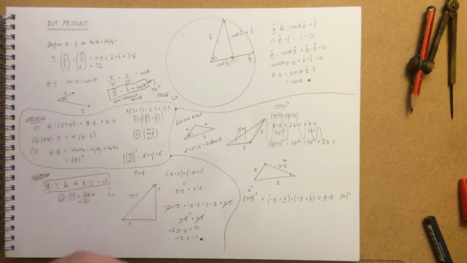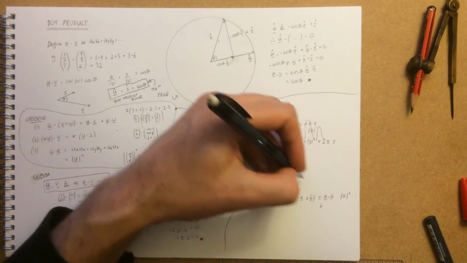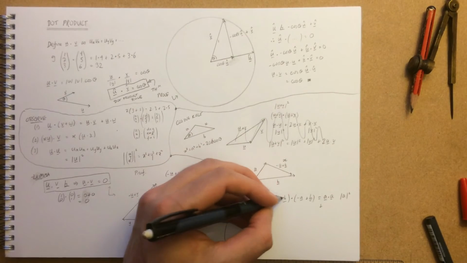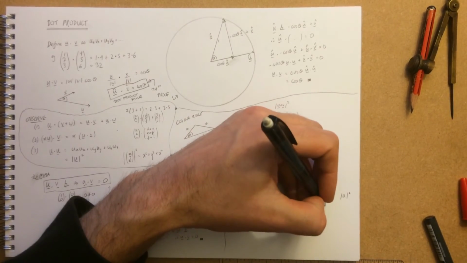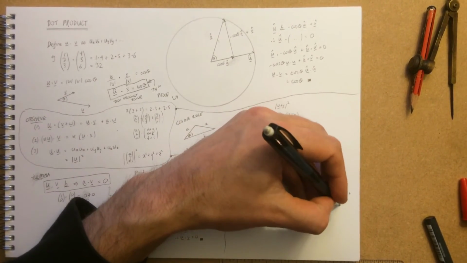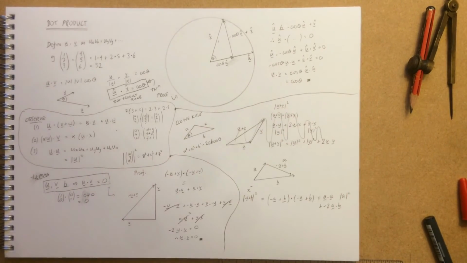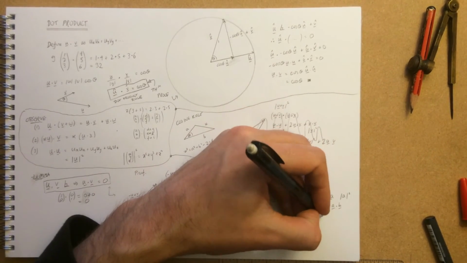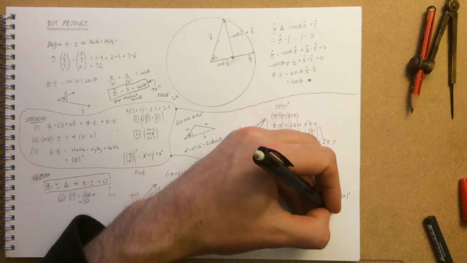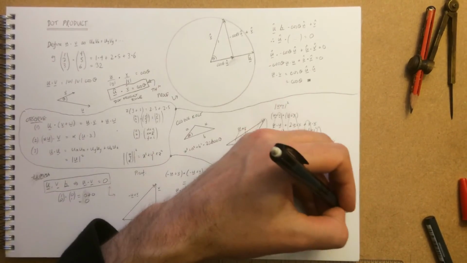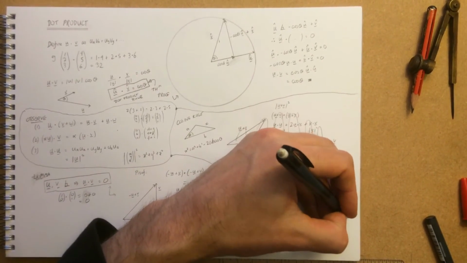Minus A dotted with B, and B dotted with minus A, so we've got minus 2A dot B, and plus B dot B, which is mag B squared.